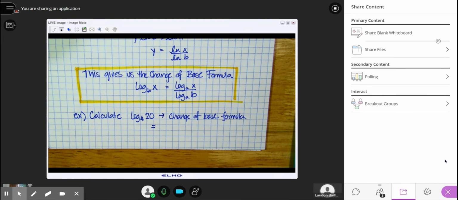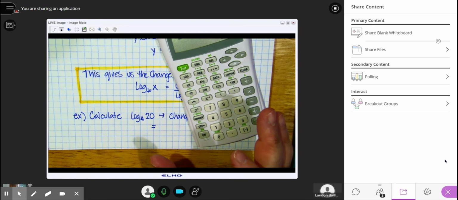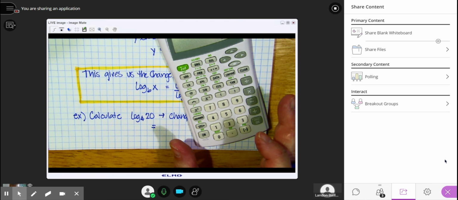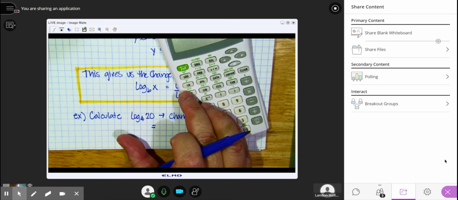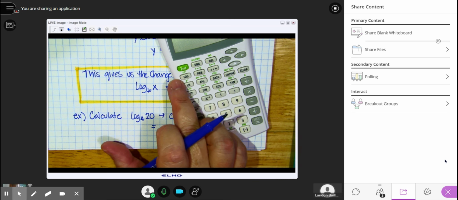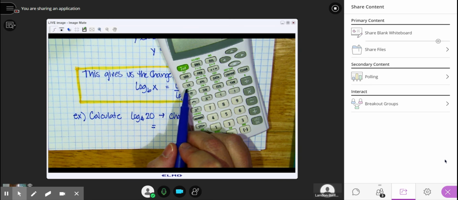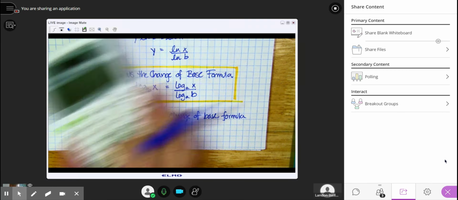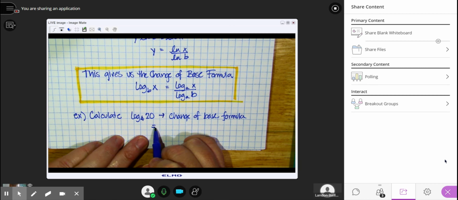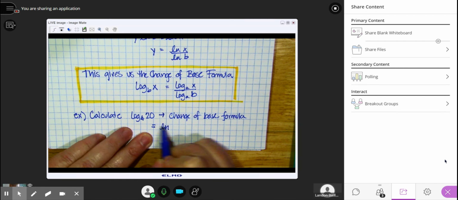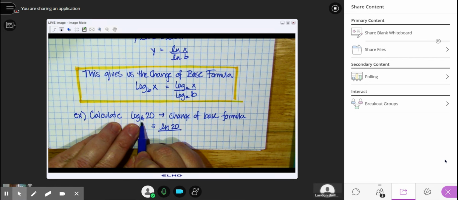I could use any base I wanted. I could use a log base 7 if I wanted. But log base 7 isn't going to be helpful because it's not on my calculator. The only two on my calculator are a log base 10, the common log, or the natural log, ln. So you choose whichever one you prefer. But this will look like the ln of my x value, 20, divided by the ln of the base.